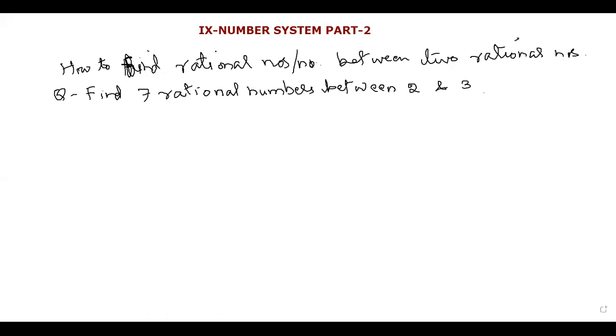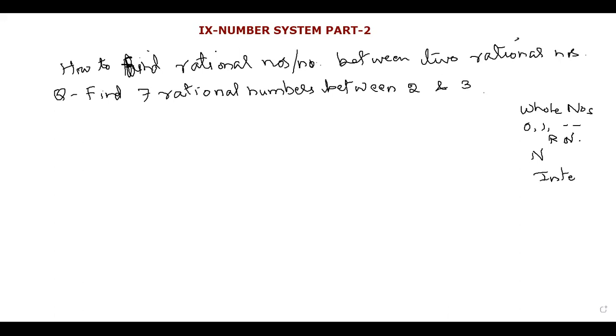And you have seen whole numbers. Whole numbers are 0, 1, 2, 3. So they are rational numbers. Correct. So whole numbers are rational numbers, natural numbers are rational numbers, and integers are also rational numbers.